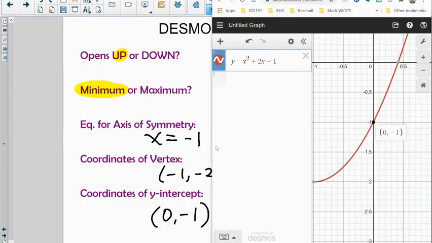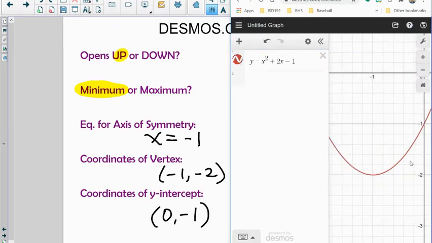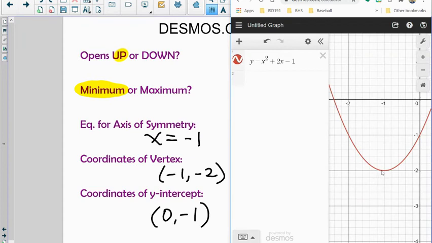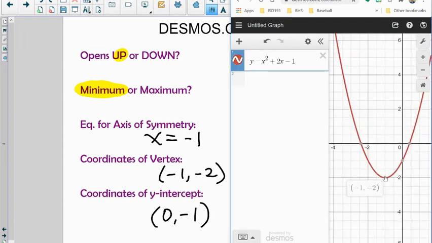All right, so just to recap, we typed in our equation. We let Desmos do the hard work of graphing for us. And if I click on my parabola, I can start to see some of those key features. We have our vertex here at the bottom, which we know is a minimum because it's the lowest y value that's possible. That's the lowest y value of -2.